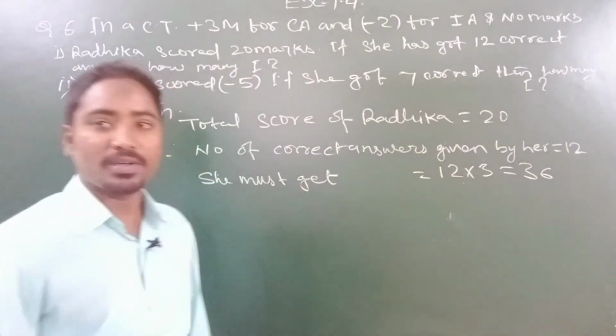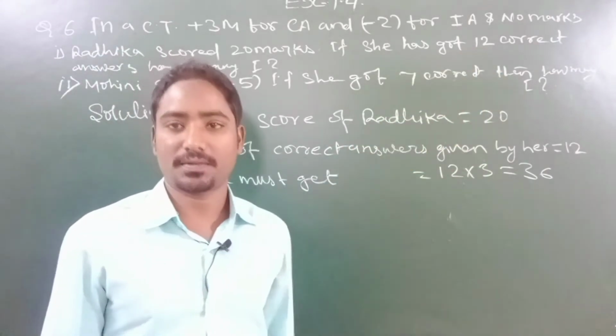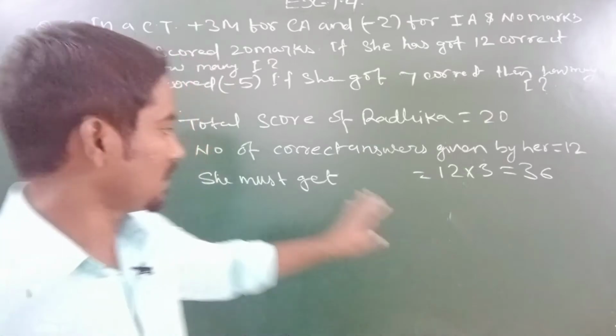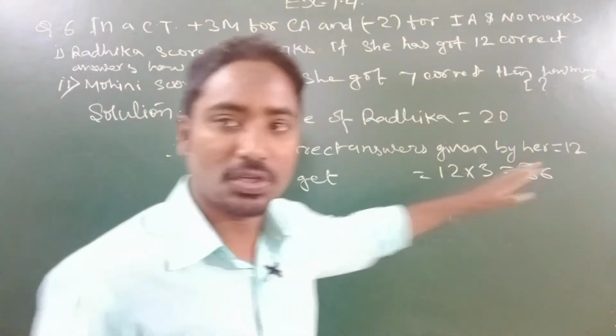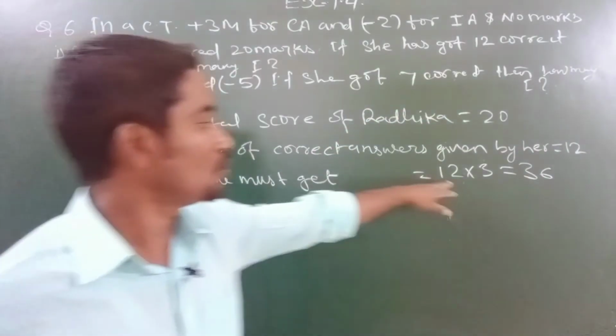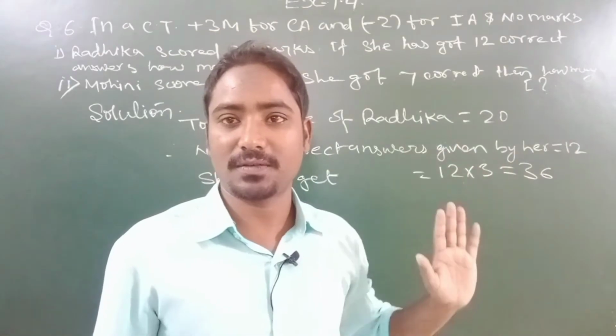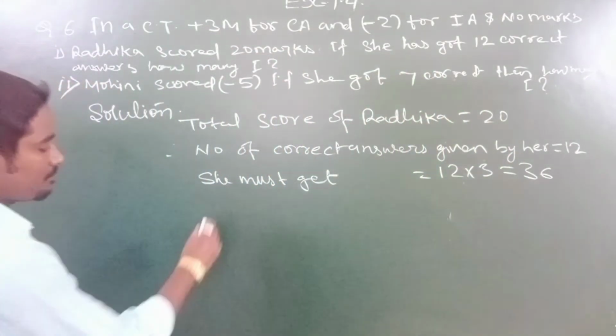But how much is she getting? She is getting only 20 marks. See, the number of correct answers given by her is 12, so according to this she must get 12 into 3, that is 36 marks. But she is getting 20. So how much is remaining?